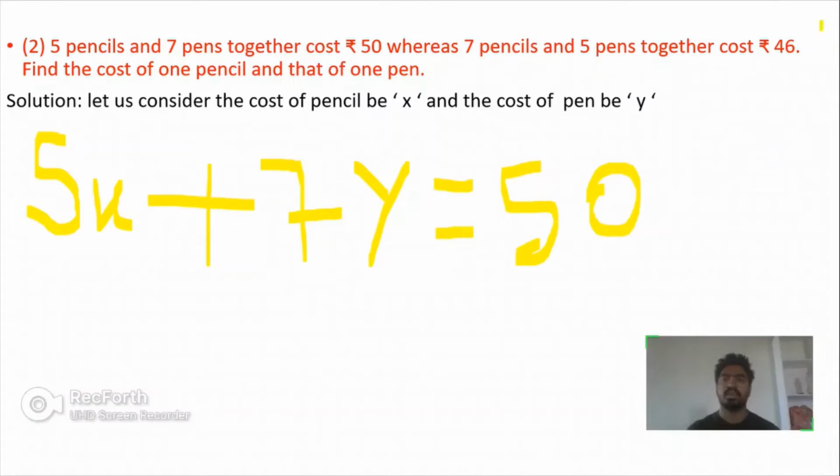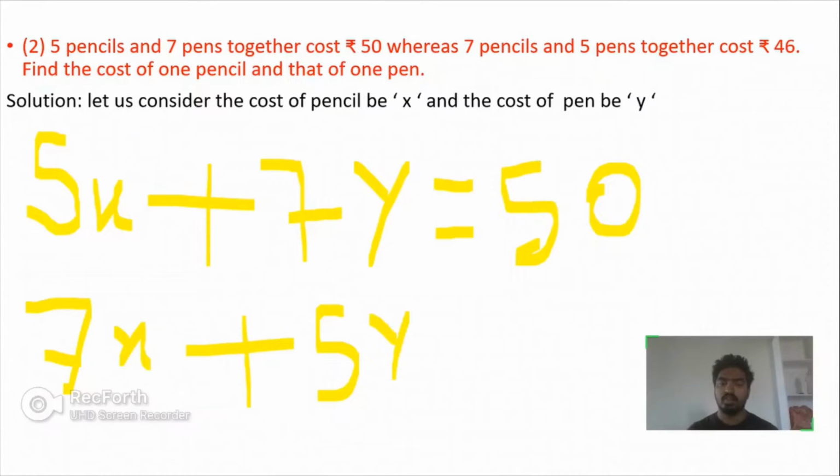Now, the second equation: 7 pencils and 5 pens together cost 46 rupees. So 7 pencils, that is 7 into the cost of each pencil, which we are treating as x, plus 5 pens, that is 5 into the cost of each pen, which we are treating as y, is equal to 46 rupees.